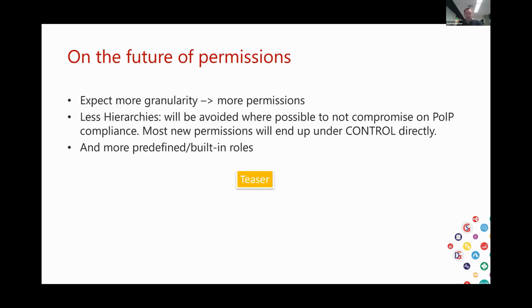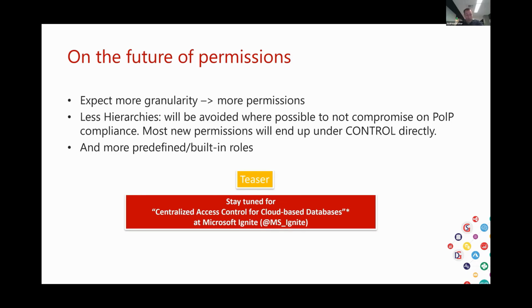Now, a small teaser, heads up here. Stay tuned for Ignite. At Ignite, we will announce something totally new in the access control space. What I put here is the name of the functionality that we have just patented: centralized access control for cloud-based databases.